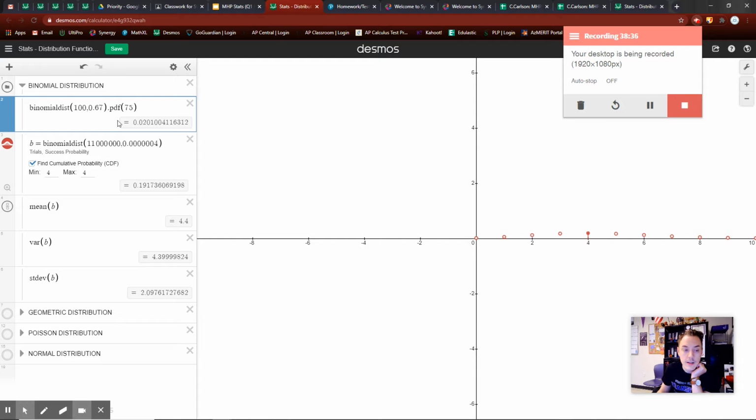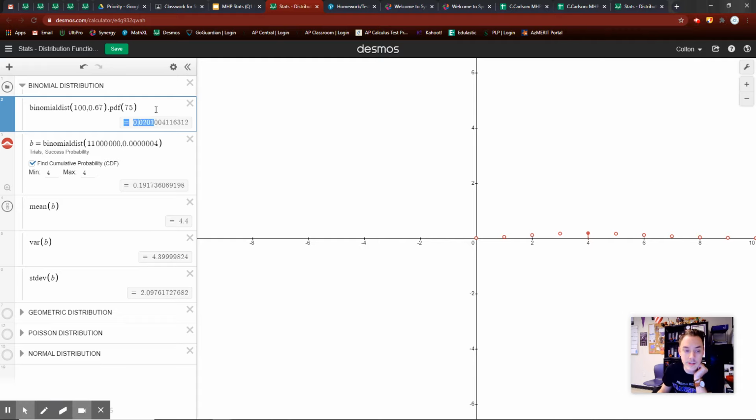Okay, so this is my actual answer. Sorry about that, I was just fixing it. So again, to reiterate, this is my N, this is my P, my probability of success, and this is my X. I want exactly 75 adults. So what is my answer? Right here.